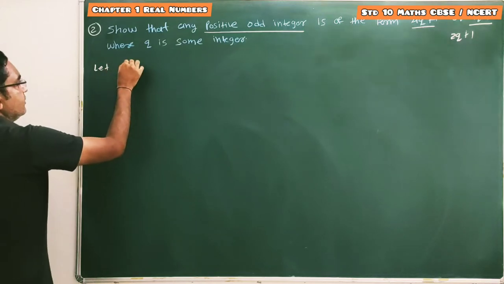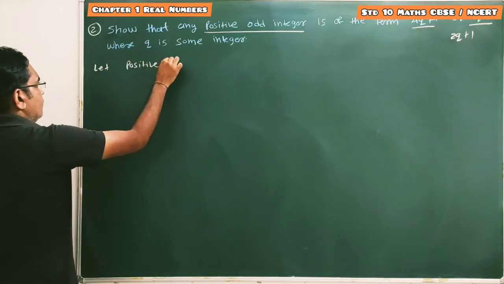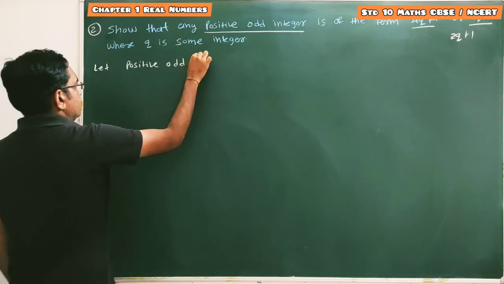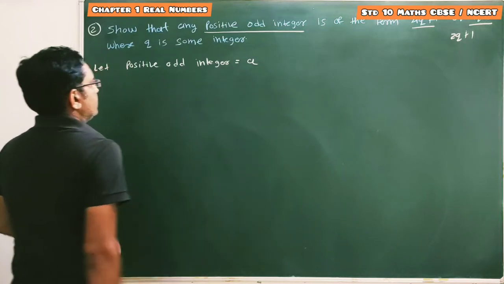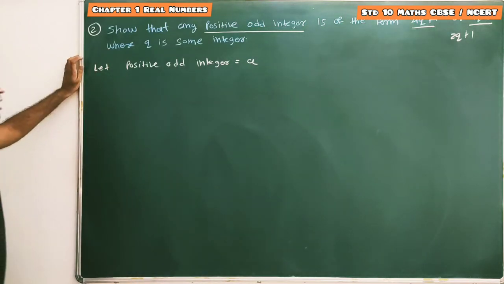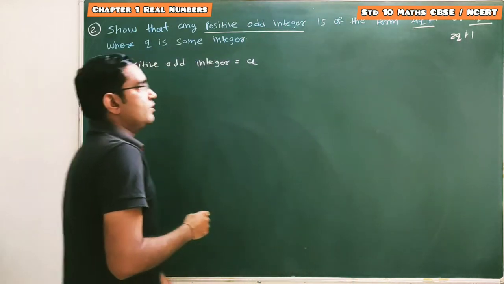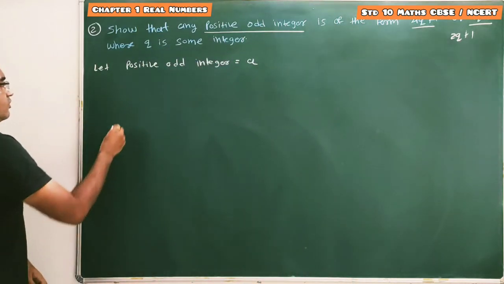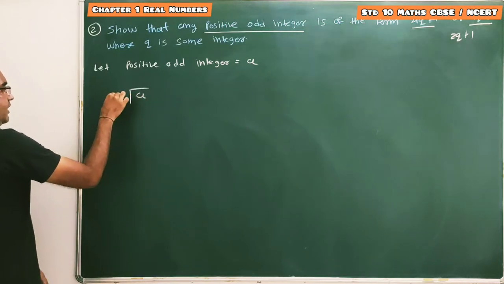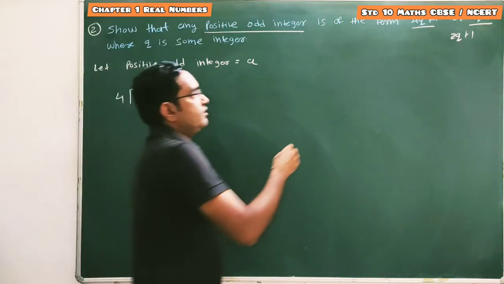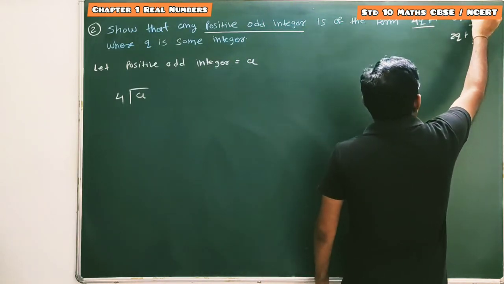So let the required positive odd integer be a. Now a can be represented in the form of 4q plus 1 or 4q plus 3, that we have to prove. So now we are dividing this a by 4, because here we are given 4q plus 1 or 4q plus 3.